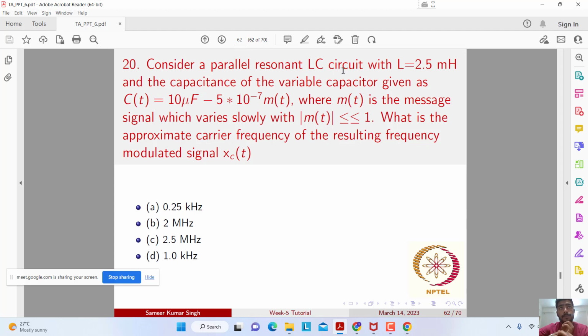We have an LC circuit. L is given. The capacitor varies with respect to the message signal. So what is the approximate carrier frequency of the resulting frequency modulated signal? The condition given is that the message signal is varying very slowly.